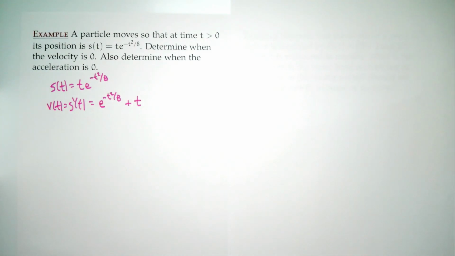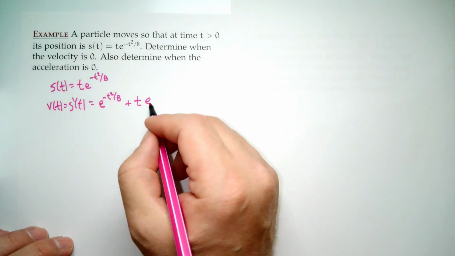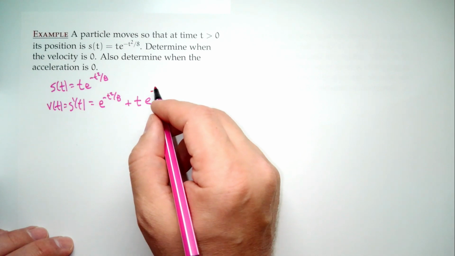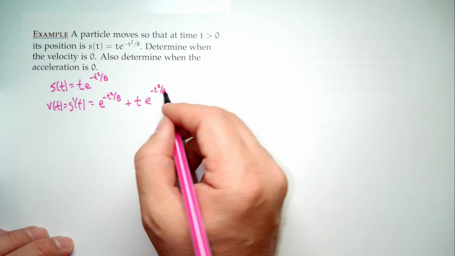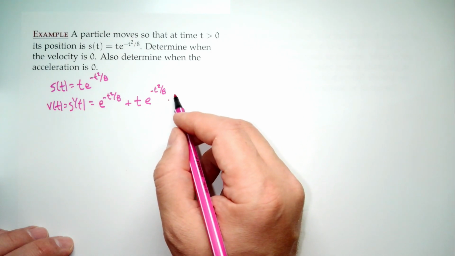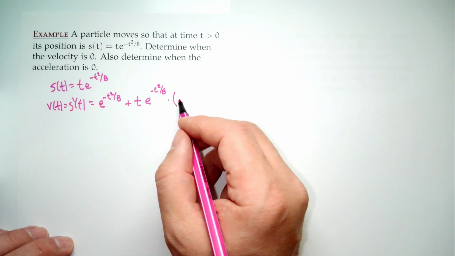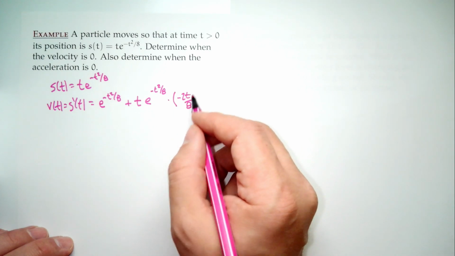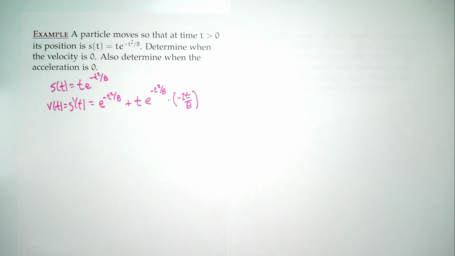Well, chain rule. E to the what power? Negative t squared over 8 times the derivative of the exponent, which is negative 2t over 8. So I can think of that derivative of t squared as being 2t, and then I still have that negative 1 over 8.